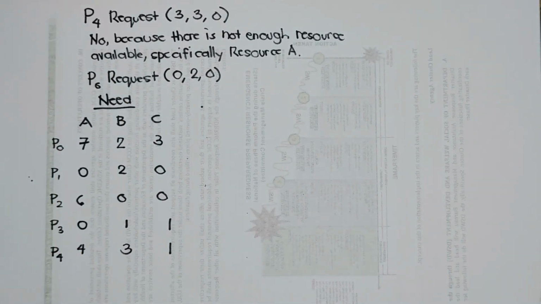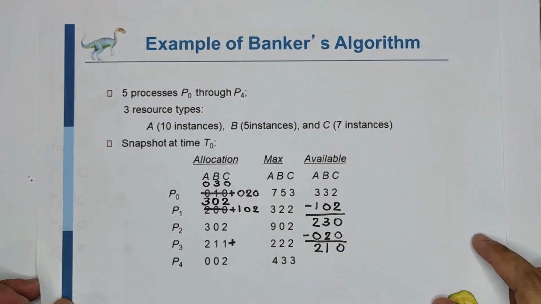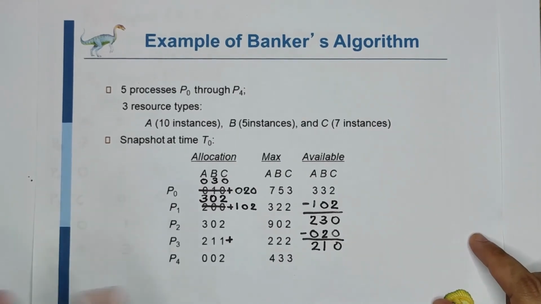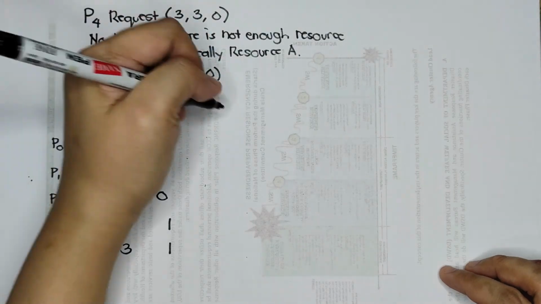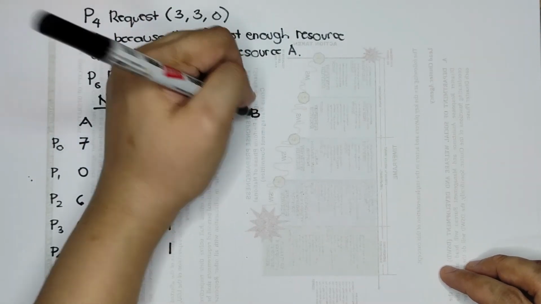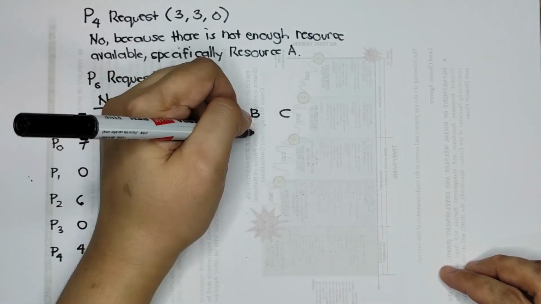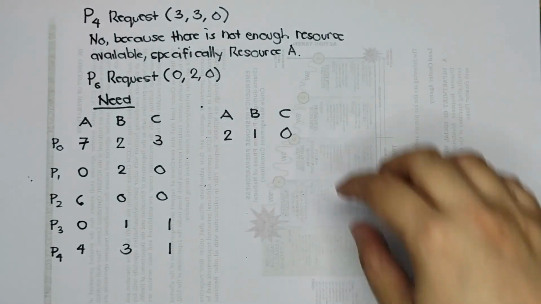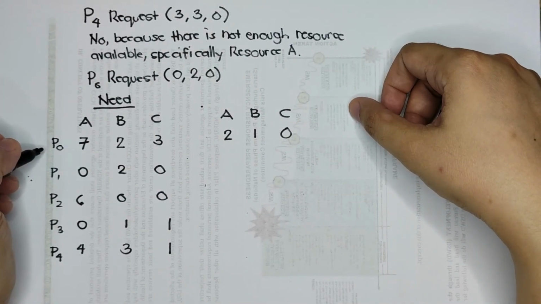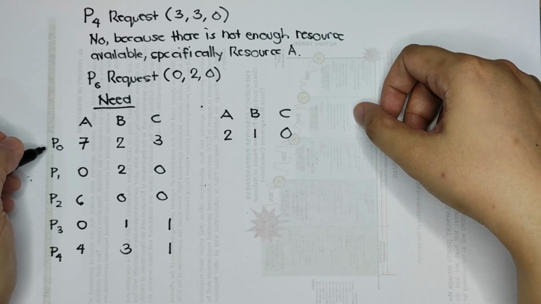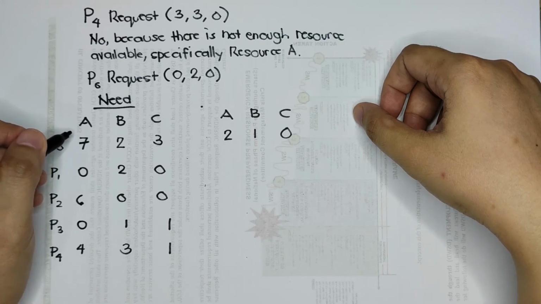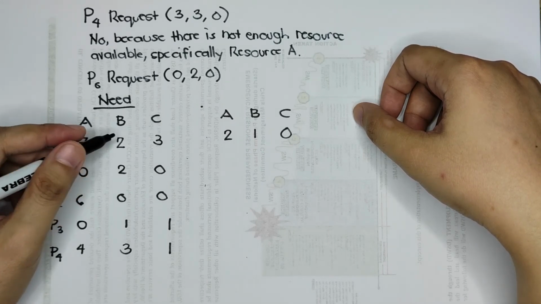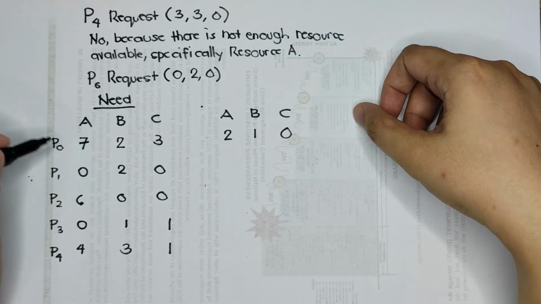And our available now, as we can remember, is 2, 1, 0 for A, B, C. So, can we accommodate P sub 0? No, definitely. It needs 7 instances of A, for B it is 2, and for C it is 3.